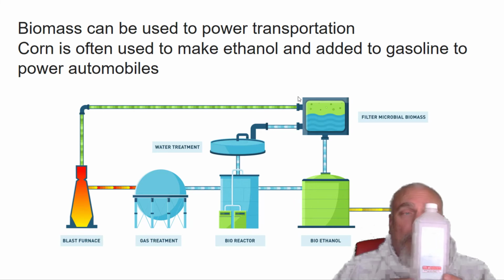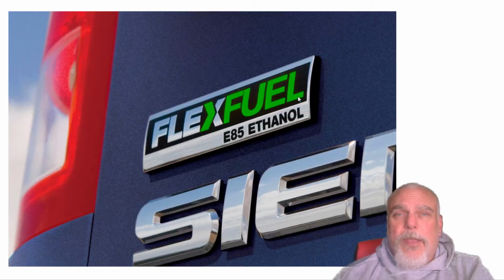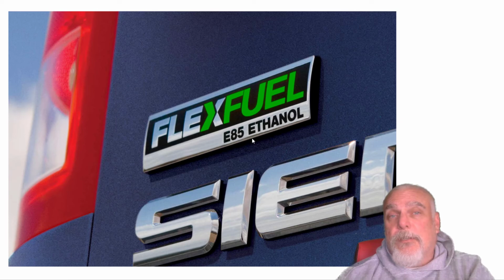Obviously you don't want to try this at home, but you can light it and it will burn. You may have seen a car that has a symbol that says flex fuel, E85. Most gasoline, like around here at Speedway, has 10% or 15% ethanol or alcohol in the gasoline. This could be up to 85% alcohol.